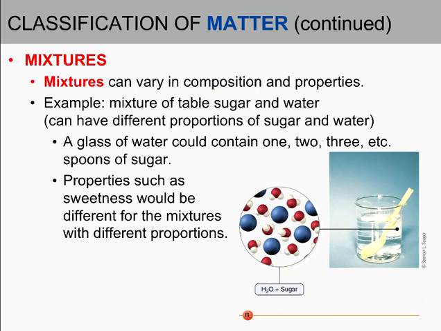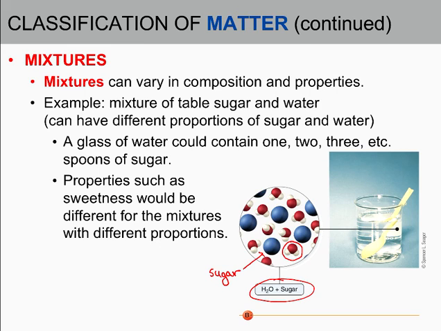So down below, we have our water and sugar mixture. And you'll notice that we still have these water molecules, and then sugar is just shown as a blue sphere. However, last time we saw that sugar is actually made up of multiple atoms, and sugar is a polyatomic molecule.